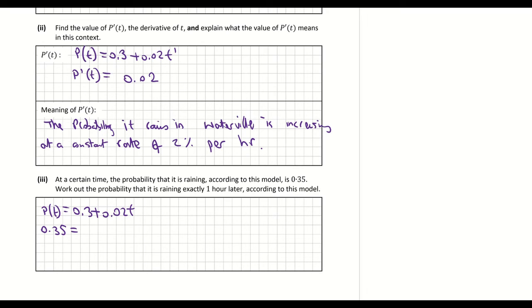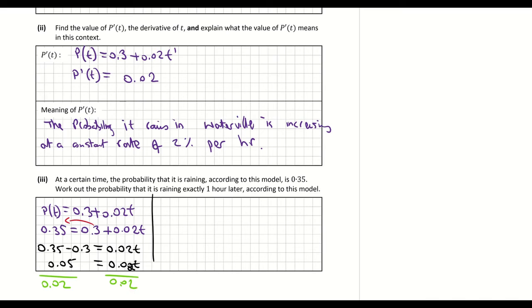Now what we're looking for is to solve for T. So I'm going to take the 0.3 away from both sides. 0.35 minus 0.3 is equal to 0.02 T, which is 0.05 equals 0.02 T. Dividing both sides by 0.02 to get T on its own, that's giving me 2.5. 2.5 equals T.